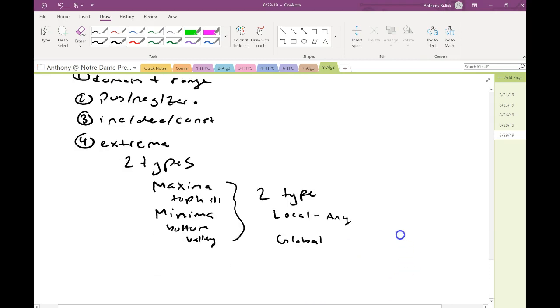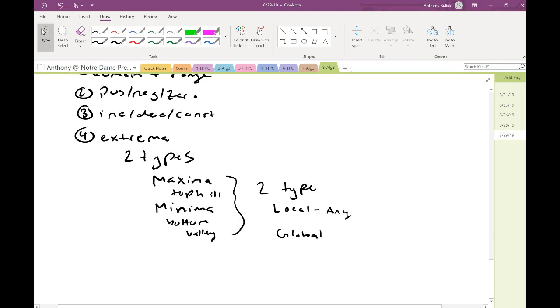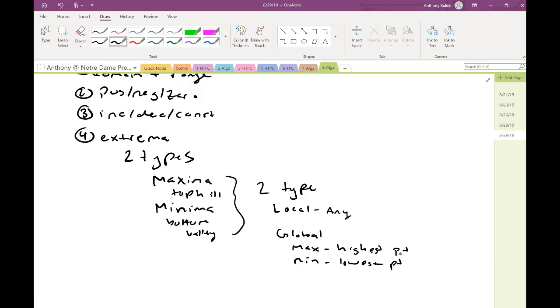The local was any max or min, but to be a global, for the maximum, you have to be the highest point, and for the minimum, you had to be the lowest point. And then I think we did an example where I drew a graph and we picked out which ones were the locals and absolutes, or globals, right?